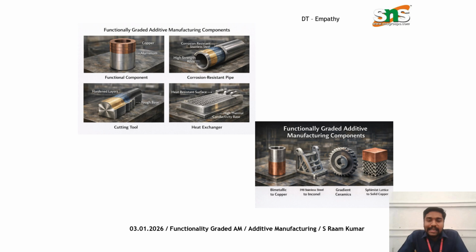The example products are bimetallic copper, then 316 stainless steel to Inconel, third gradient based structures, and the fourth one lattices. For the lattice structure alone, we can modify different types of functionally graded materials.